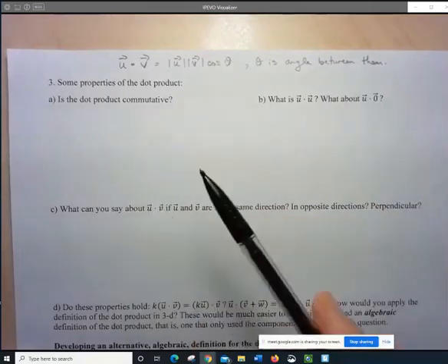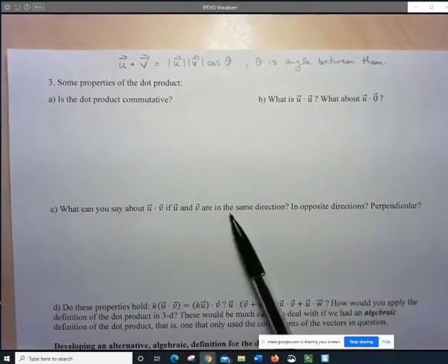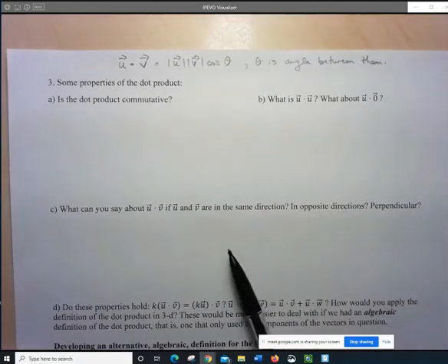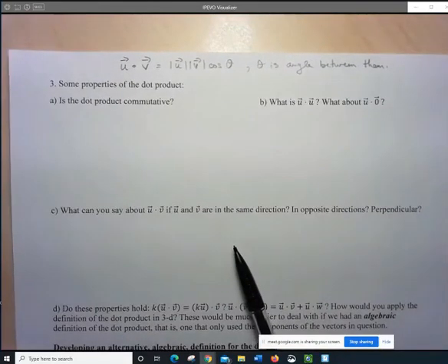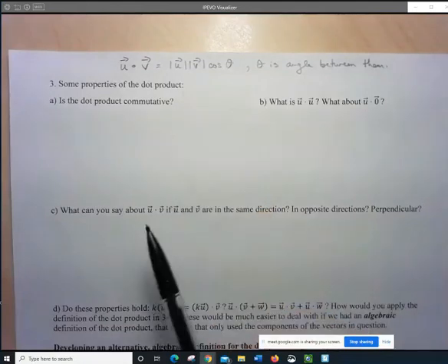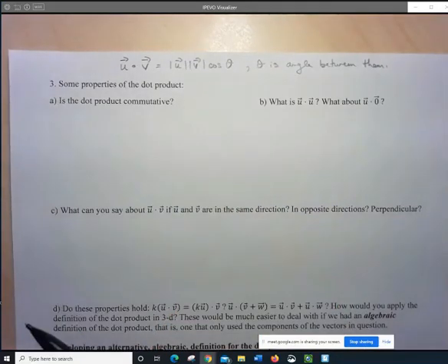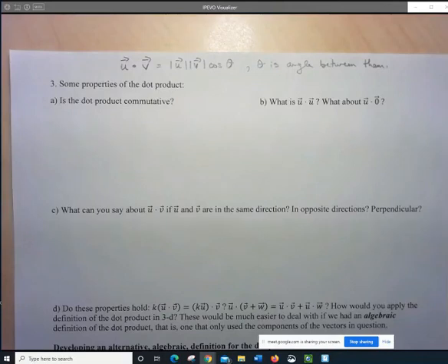Okay, so I'm going to give you 4 minutes to work on 3A, B, and C. Okay, you're going to see I don't leave any room for D because we're going to consider whether we want to keep going with this definition of dot product once we get to D. Okay. All right, so we're back.